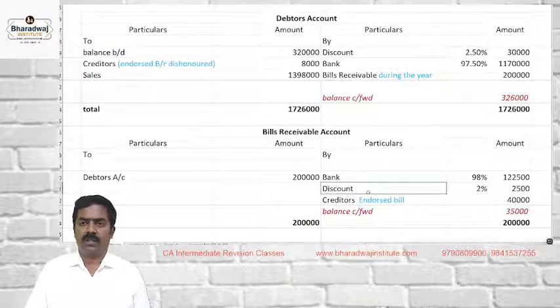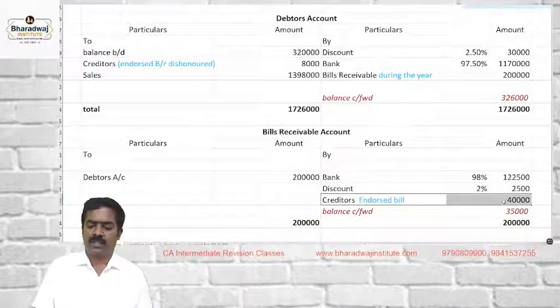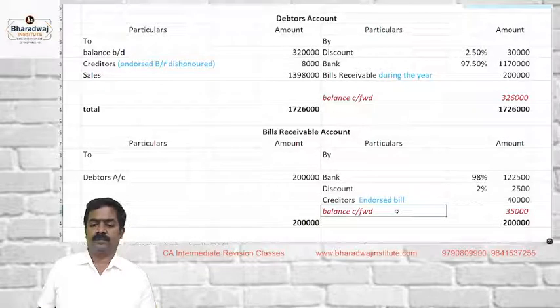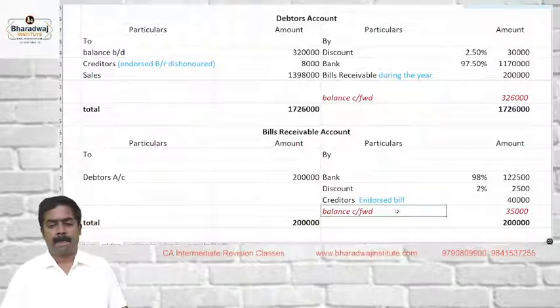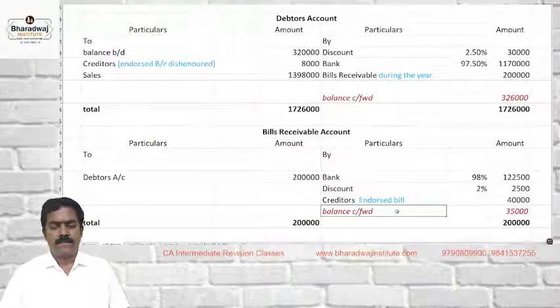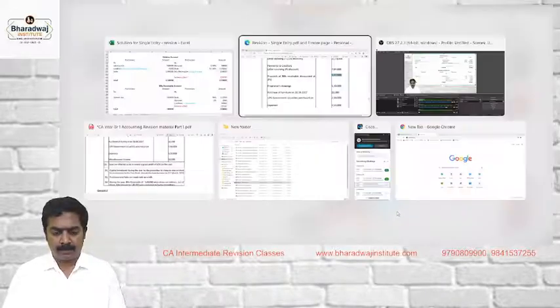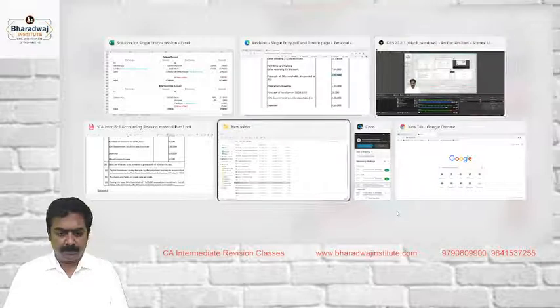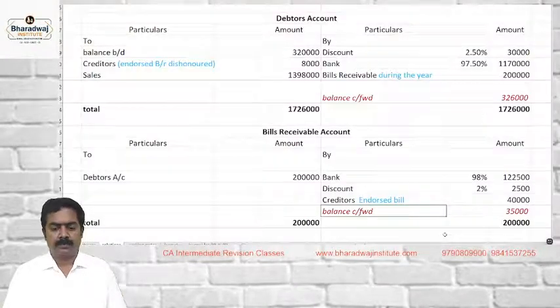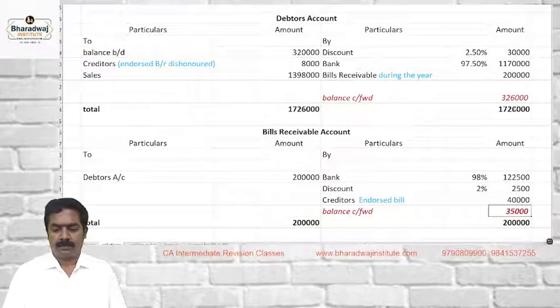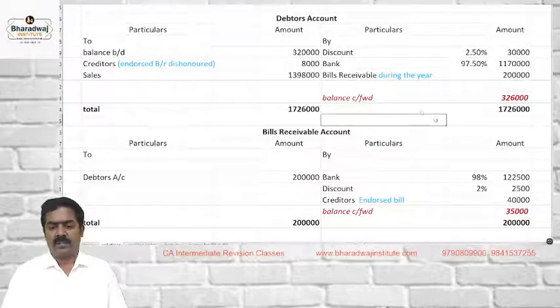This is a discount on the bills discounted, creditors account for the endorsed bill. This we get as a balancing figure.